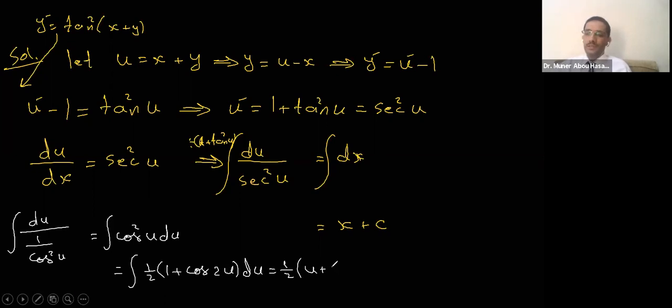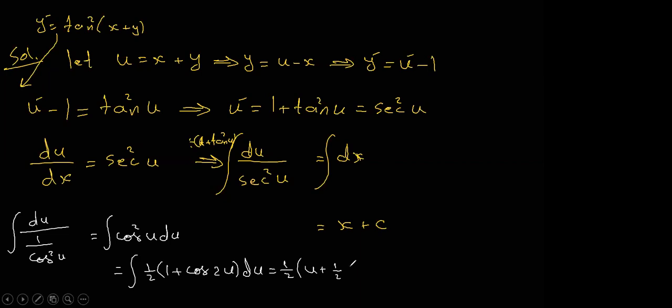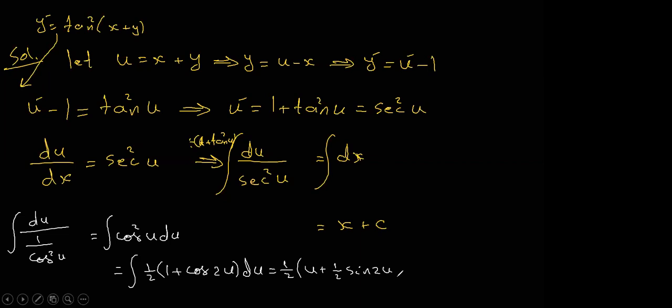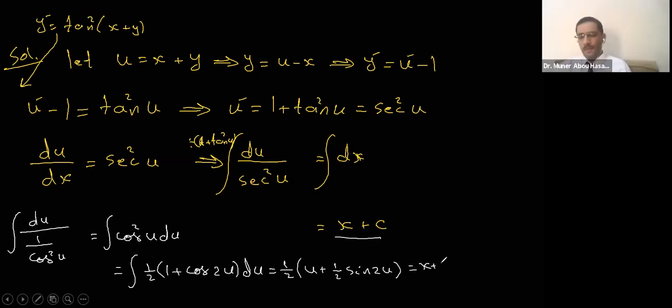It is half sine 2u. Okay? All of this must be equal to x plus c. Now go back to your u. Go back to your u. It is x plus y.